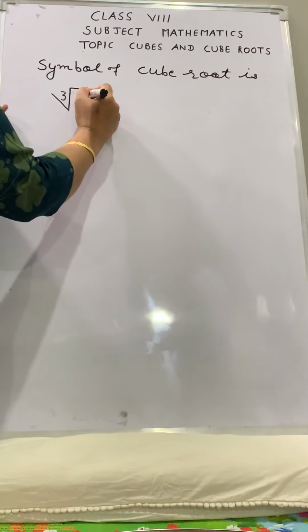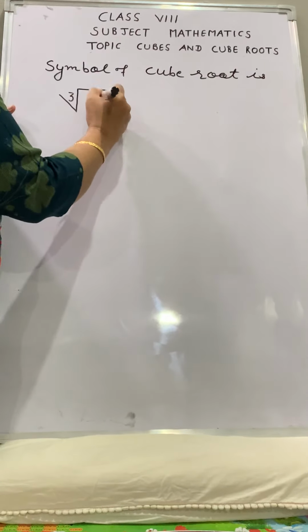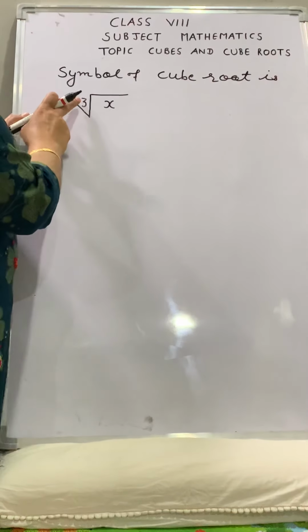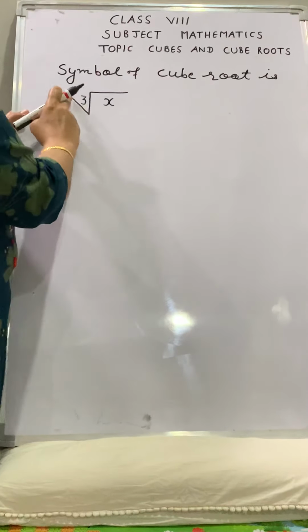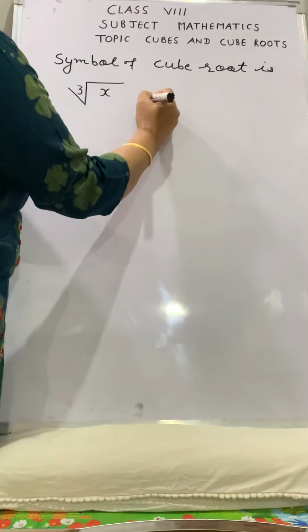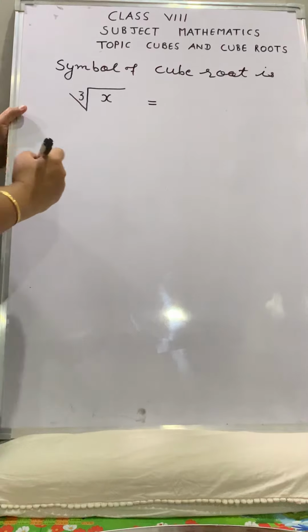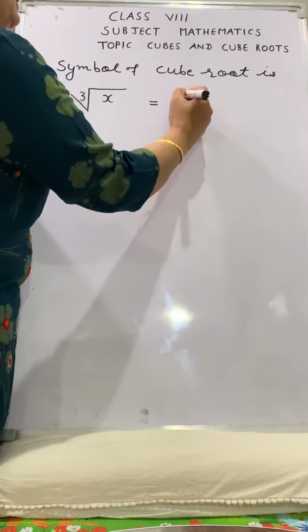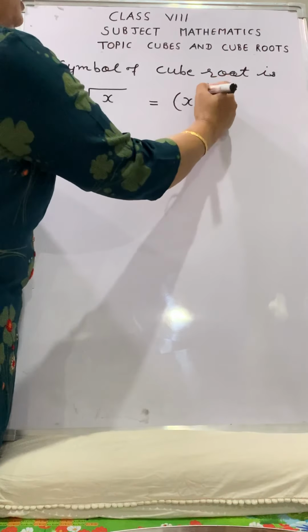Here is any rational number x. It means cube root of x. You have to put 3 in this sign. If we write it in exponential form, we write it as x raised to power 1 by 3.